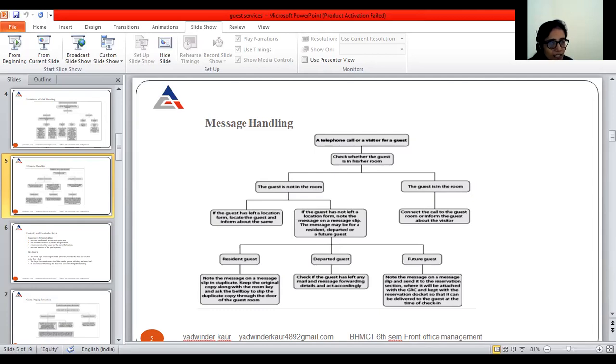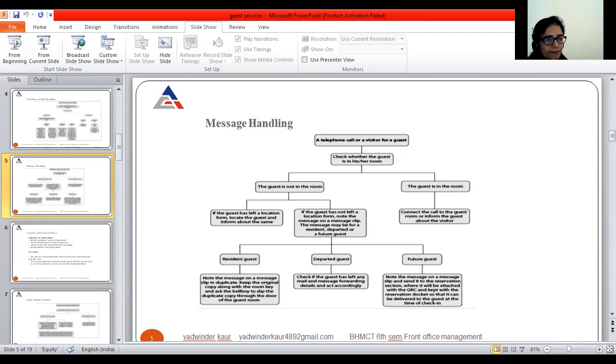We can attach that GRC form whenever the guest is staying in your hotel. We have to hand it over to the guest at the time of check-in, right? So there are three points, right? I hope you understand this, students.